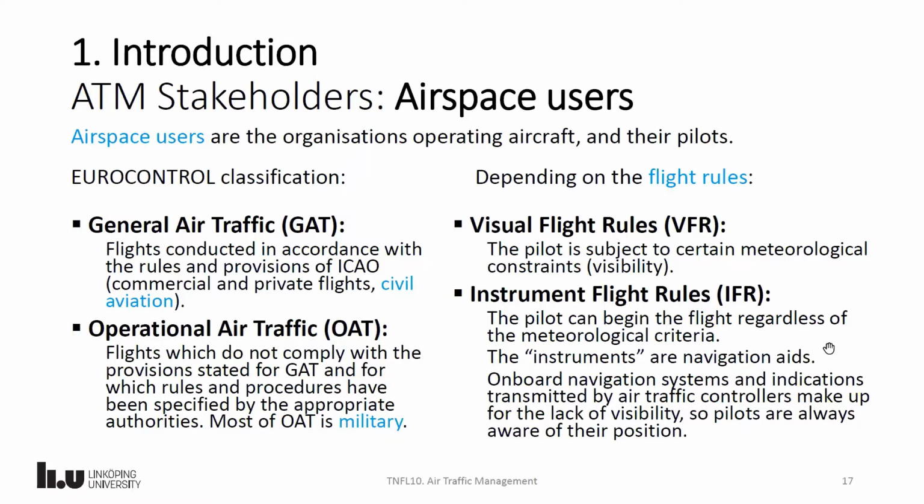So basically, these are the flights that are controlled by air traffic controllers, and the pilots are always aware of their position because they have the indications of the air traffic controllers and also the information from navigation aids.